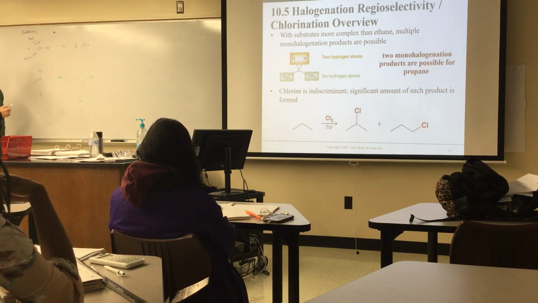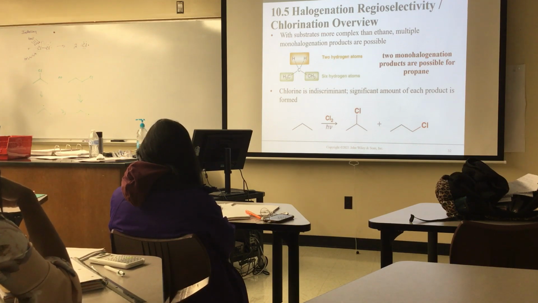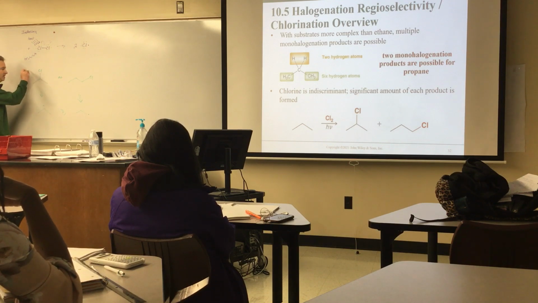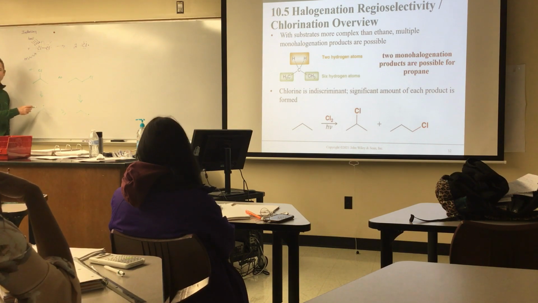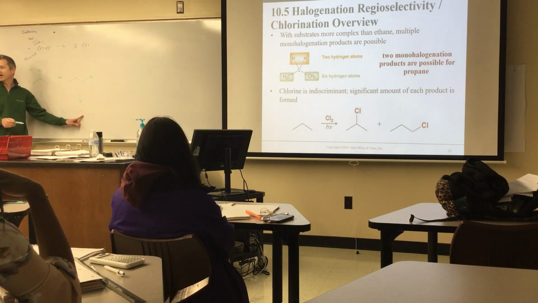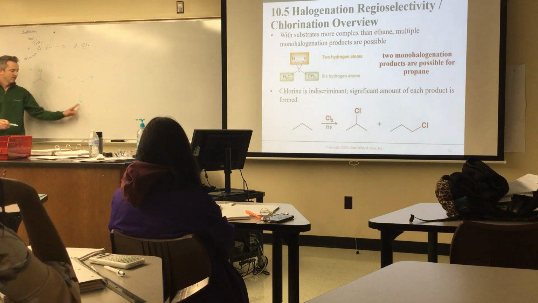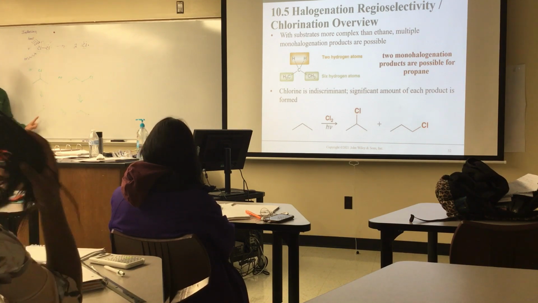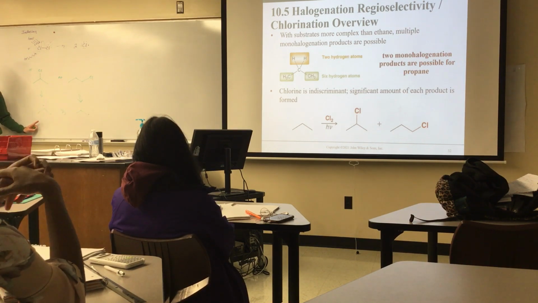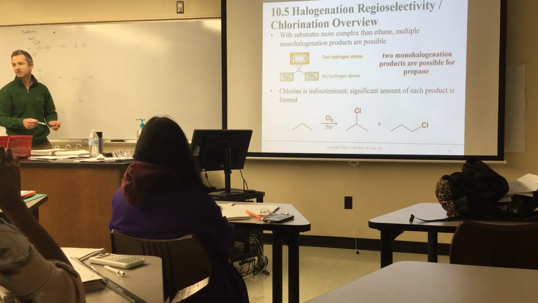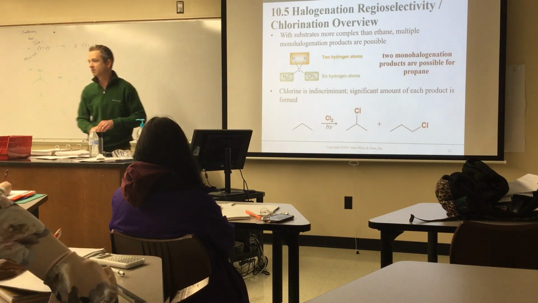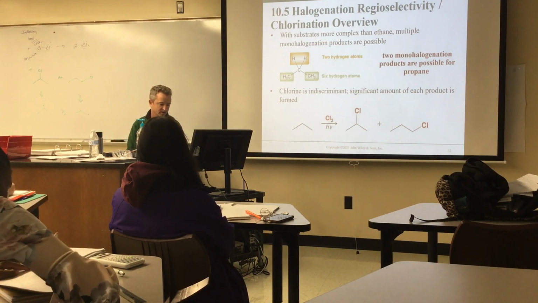So naturally, you should think that this one is going to be the major product, as a result of being more stable. But chlorination happens so quickly that this one can still hang around before rearranging itself to the secondary position, and therefore this one should still be a contributor in this process.